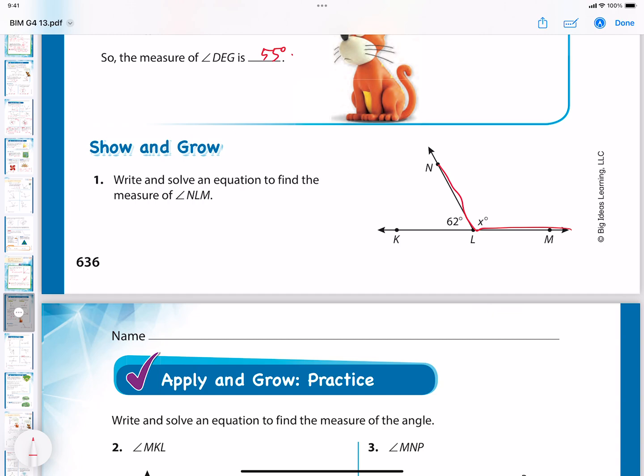Now, so I'm going to say 180 degrees minus 62 degrees equal to angle NLM. Let's find out. This is equal to what? Angle NLM is equal to 112.